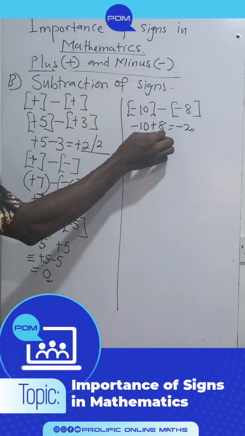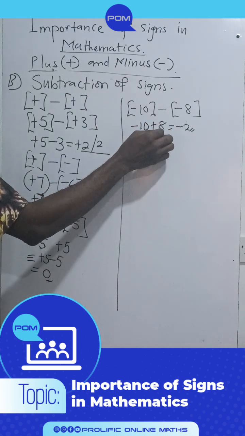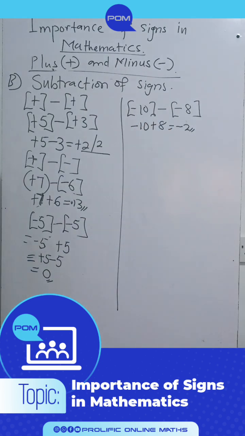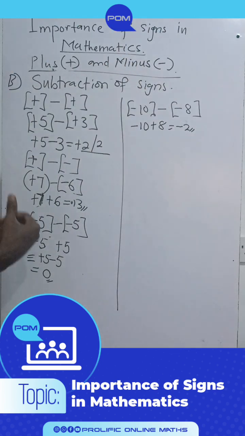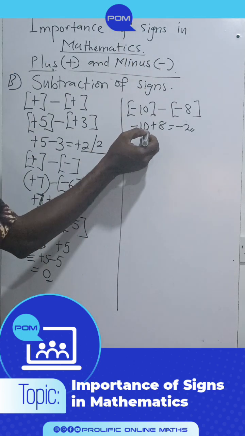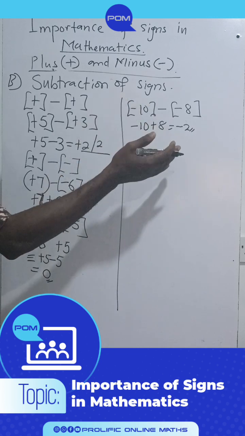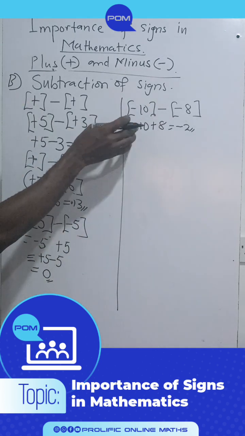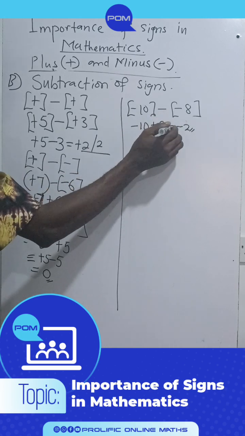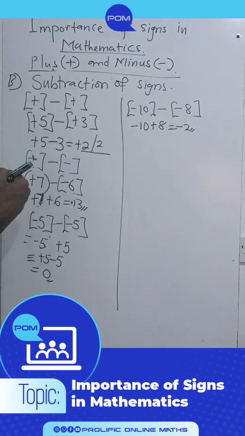So when you are having positive 8, you assume you are the owner of that one, then this one belongs to someone else you are owing. So if you are owing somebody 10 naira and you have 8 naira to pay, if you pay that 8 naira from the 10 naira, how much balance do you still have to give to that person?